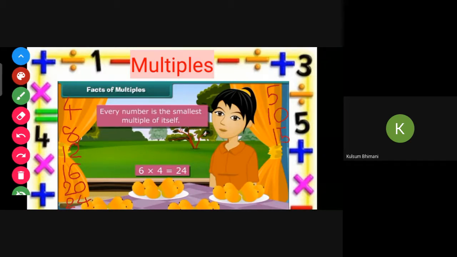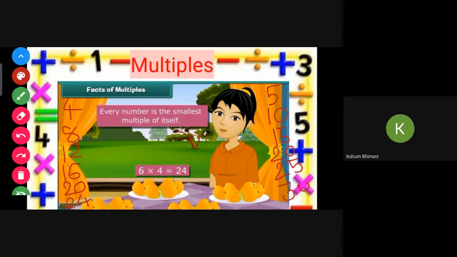Then 20. Then after 20, next multiple, 25. Now one more, 30.